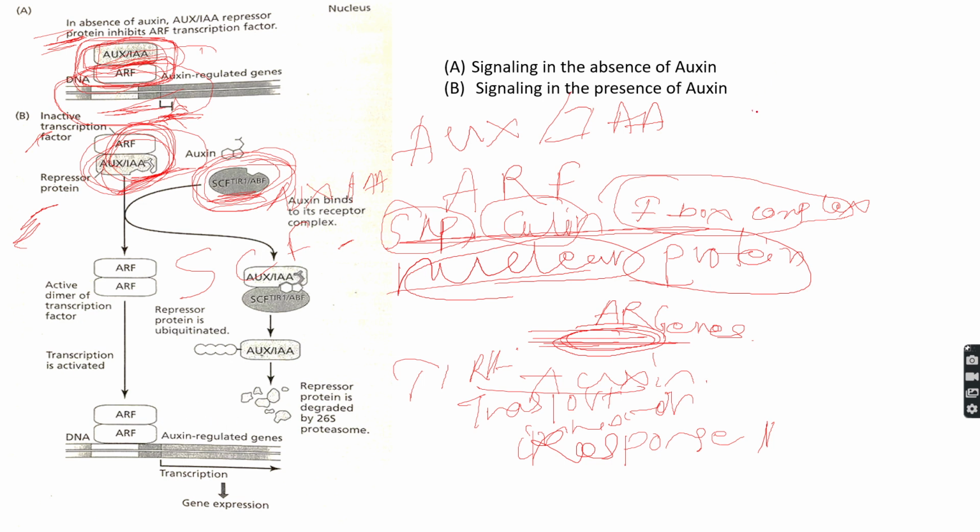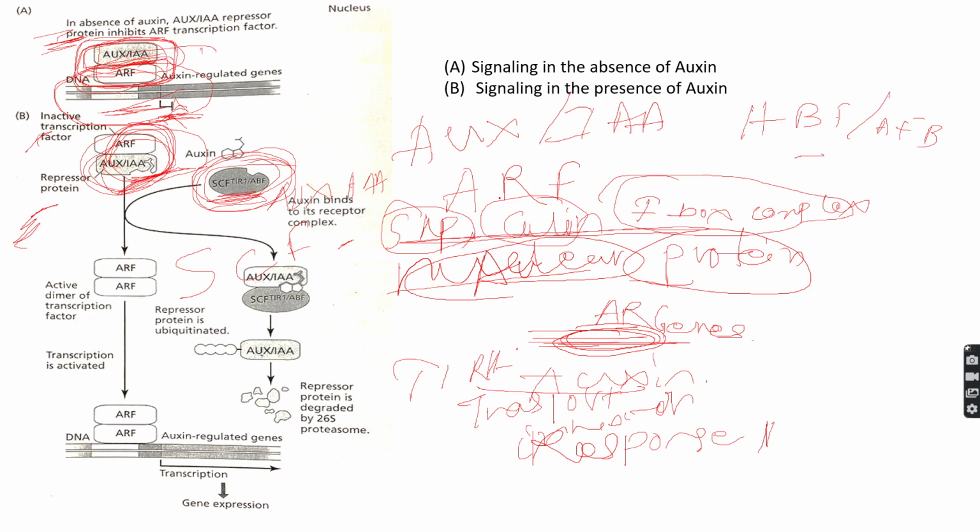Both ways you can call it, ABF or AFB. This means auxin signaling F box. Okay. So this is SCF-TIR1-ABF or AFB.